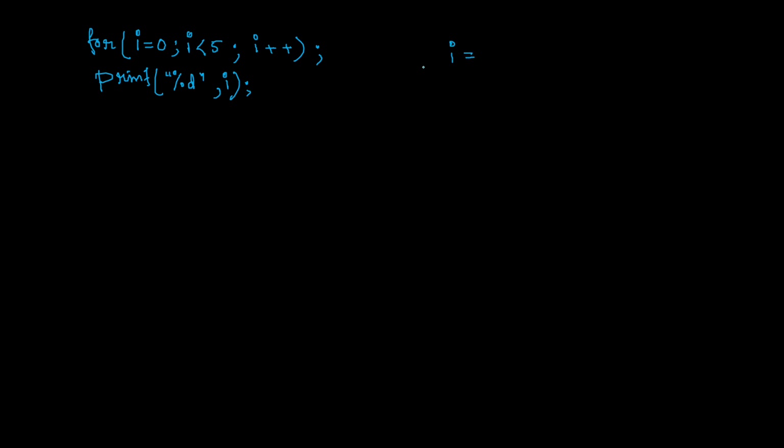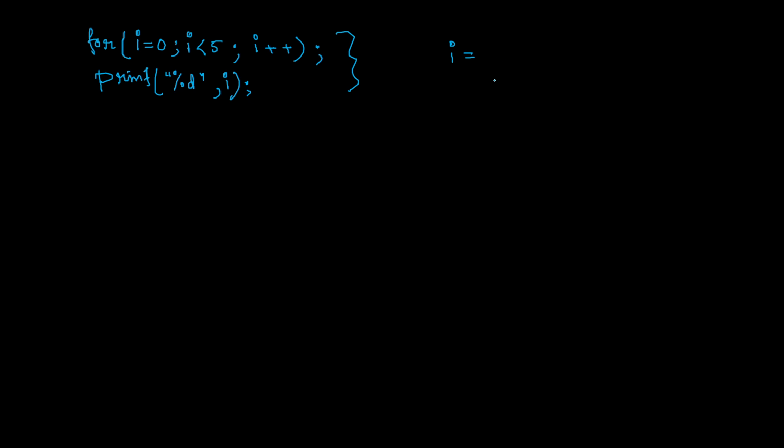Suppose there is a question like for I equal to 0, I lesser than 5, then I plus plus, and then I have a semicolon, and then I have written printf %d I. So the value of I will be printed. Now the question is: what will be the value of I after executing this particular statement?